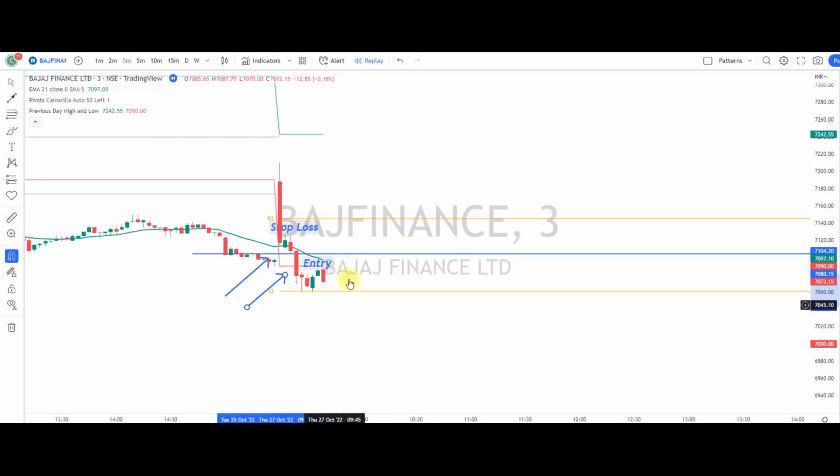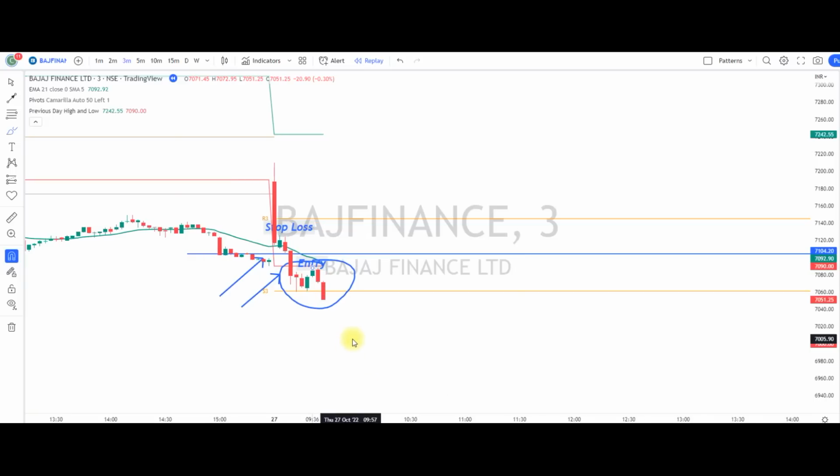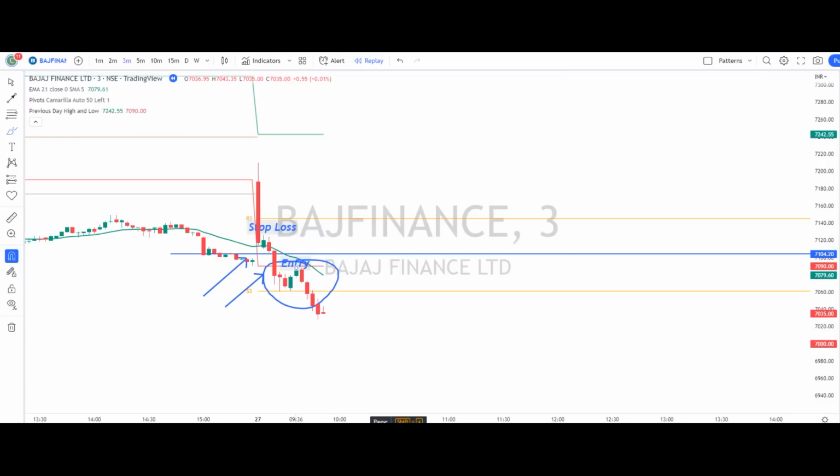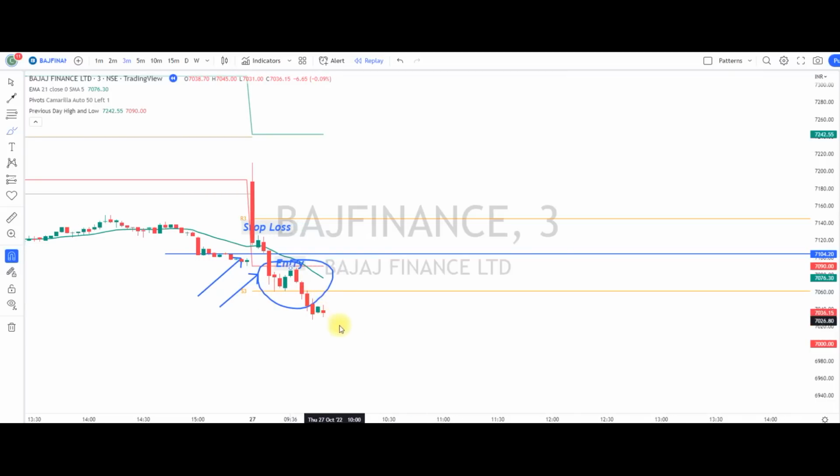We can see here in this support zone, the price is consolidating for some time. Now you can see that the price is breaking the S3 zone and started falling.